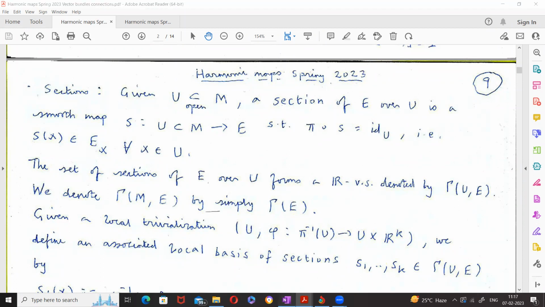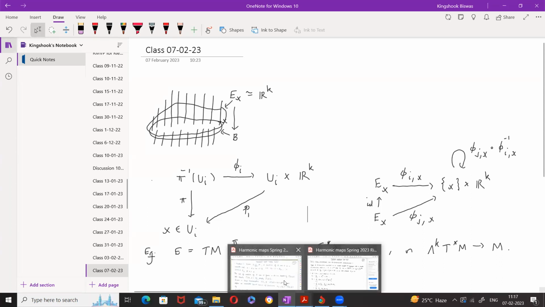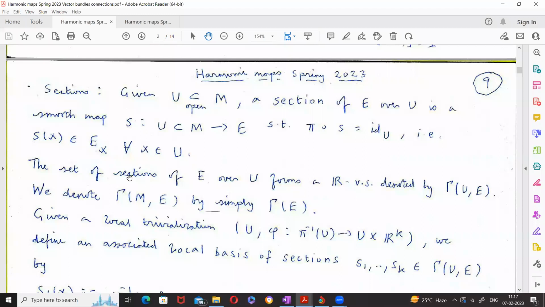So, for example, sections of the tangent bundle will be vector fields. Sections of the cotangent bundle will be one forms. And sections of the kth wedge of the cotangent bundle will be k forms, right? So we can add sections pointwise since they take values in vector spaces, and also take scalar multiples.